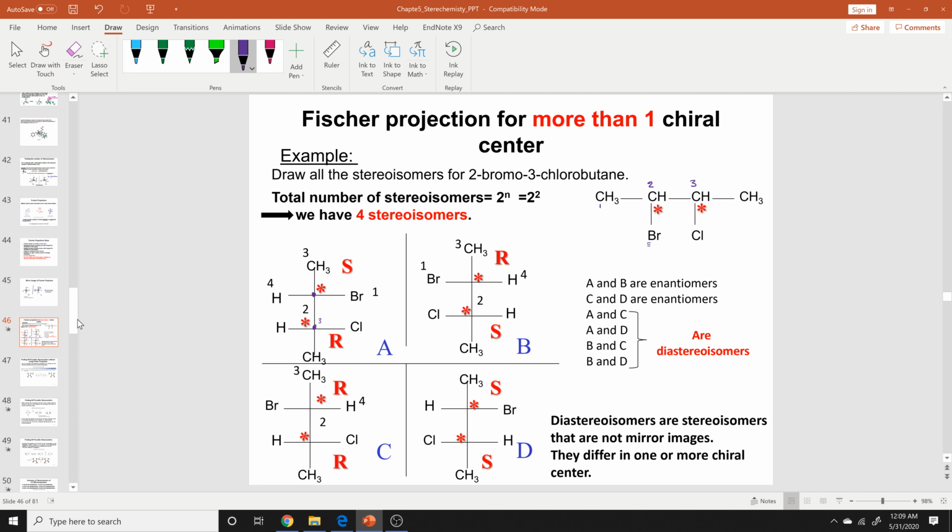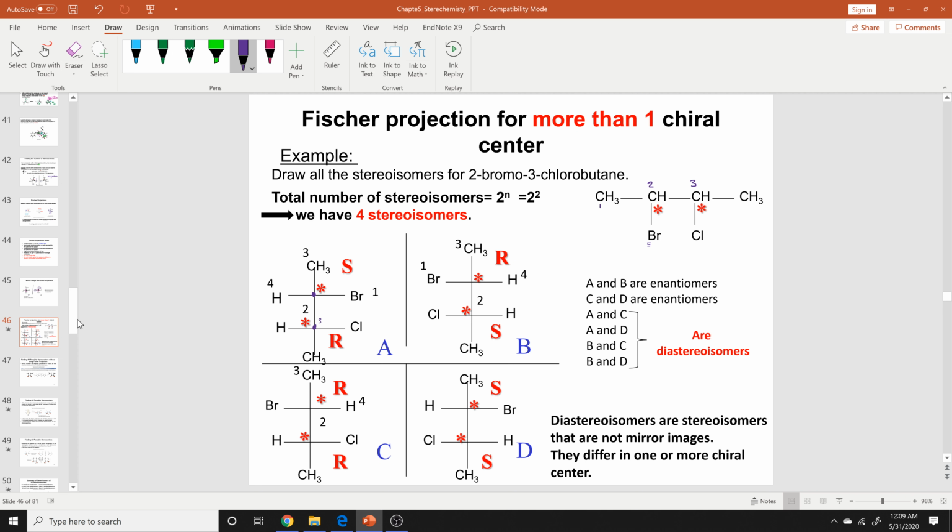So now we're going to go ahead. We know that this stereoisomer has 2 chiral centers, right? So it's going to have a mirror image. If it has a chiral center, this means that it is going to have a mirror image. It is going to be optically active, capable of rotating the plane of polarized light.